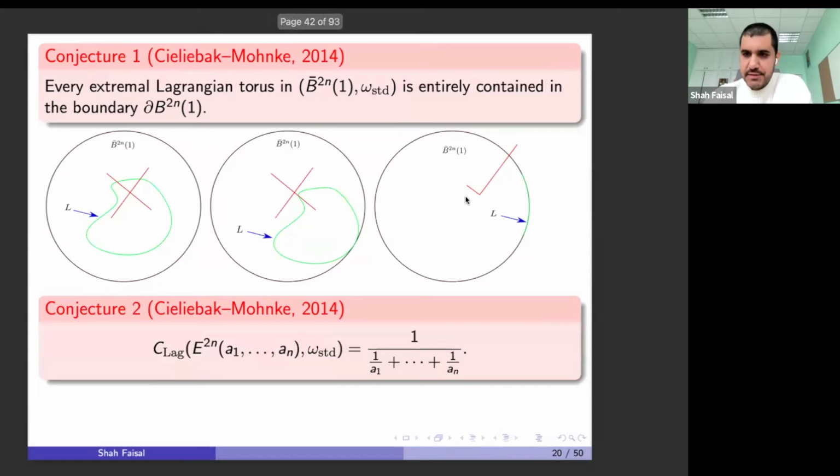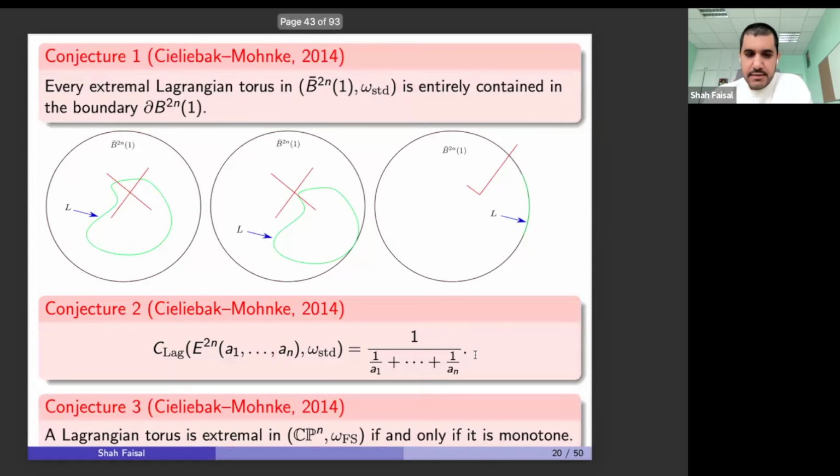Right. The second conjecture is that extremal tori in the standard n-dimensional ellipsoid have symplectic area equal to the diagonal of the ellipsoid. And the third one is that extremal tori offer a replacement for monotone tori. So in CPn, extremal tori are precisely monotone tori.